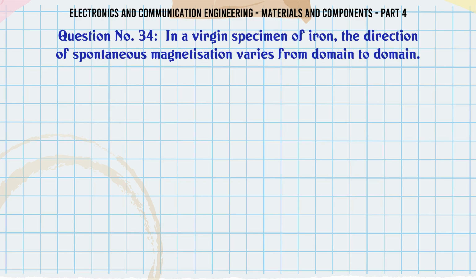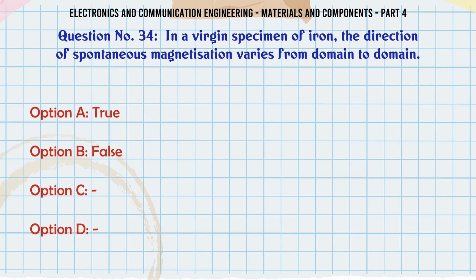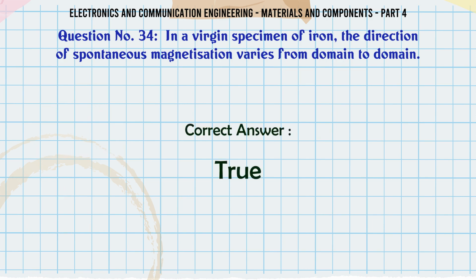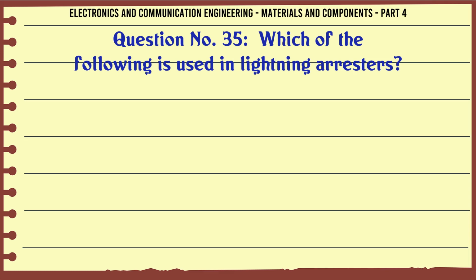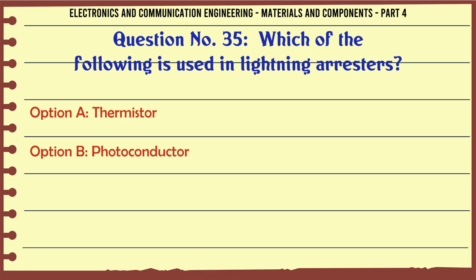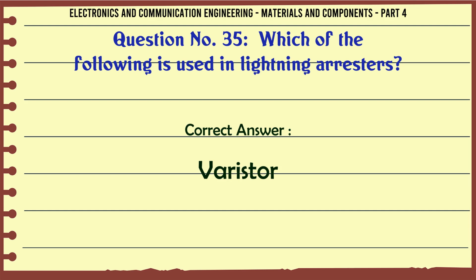In a virgin specimen of iron, the direction of spontaneous magnetization varies from domain to domain. A. True, B. False. The correct answer is true. Which of the following is used in lightning arresters? A. Thermistor, B. photoconductor, C. transistor, D. varistor. The correct answer is varistor.